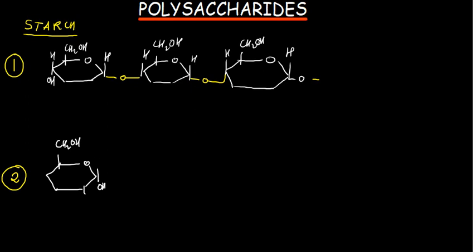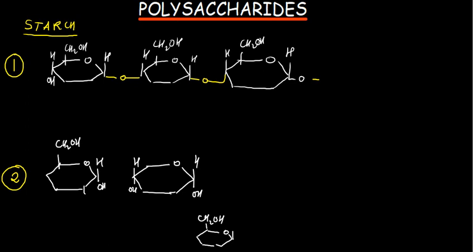I'll show OH there, H, and then also another one like that, H, OH, and then also here I've got OH, H. For this one, I'll put also down CH2OH, got an oxygen there like that. Then you have O.